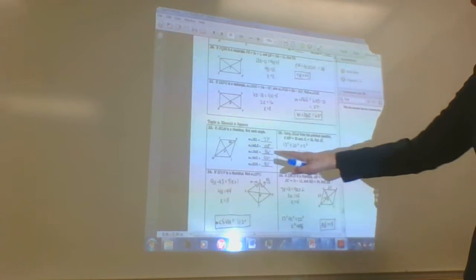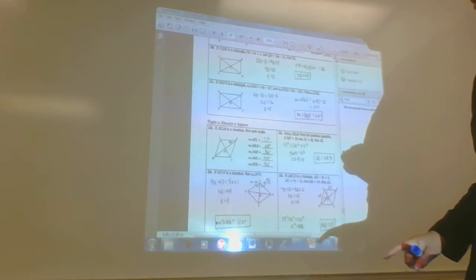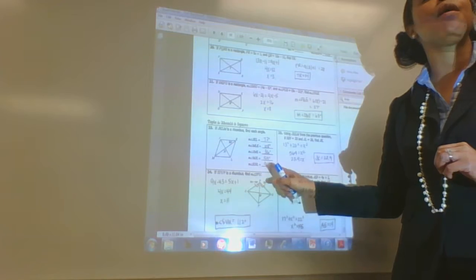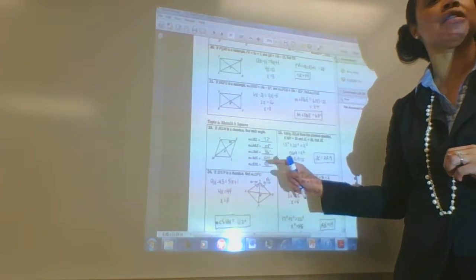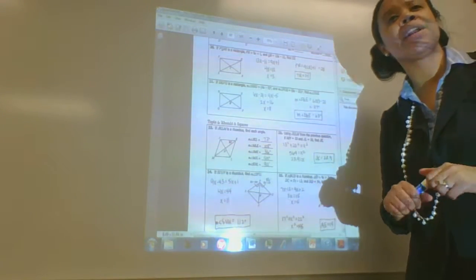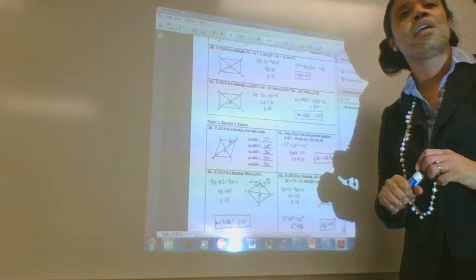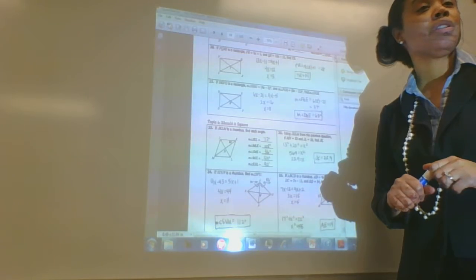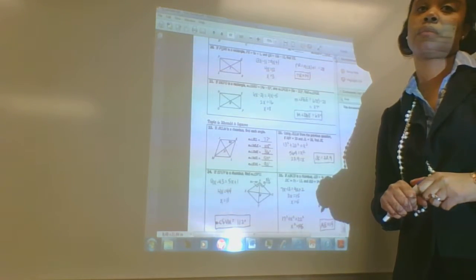So now, number 22, a rhombus. What do we know about the diagonals of a rhombus? They're perpendicular. Anything else? Do they bisect the opposite angles? Yes.